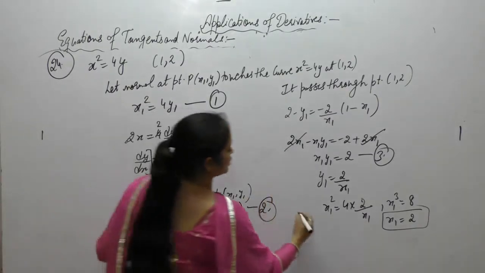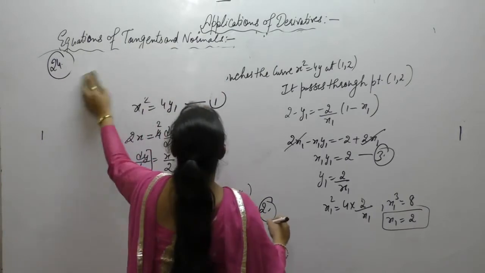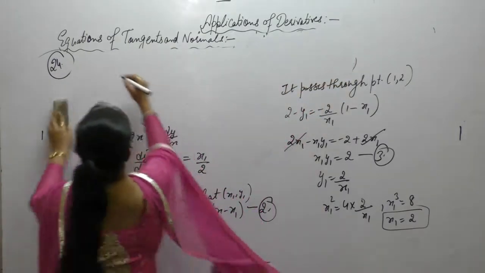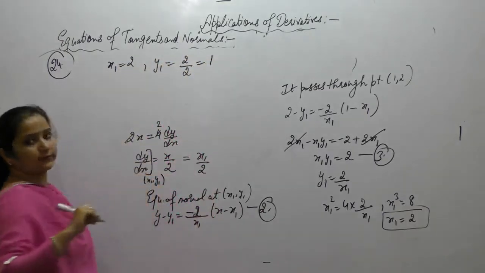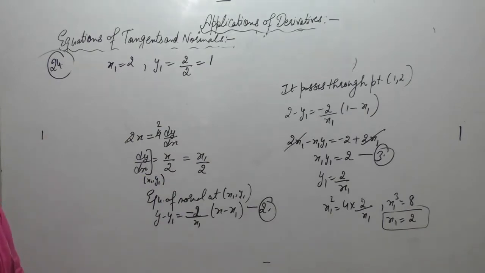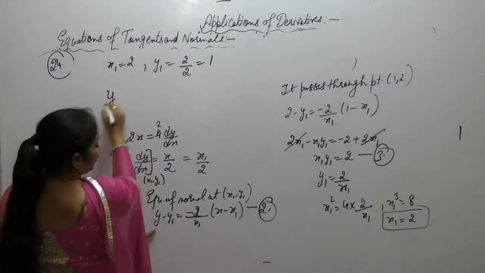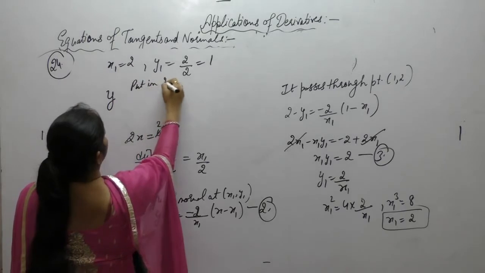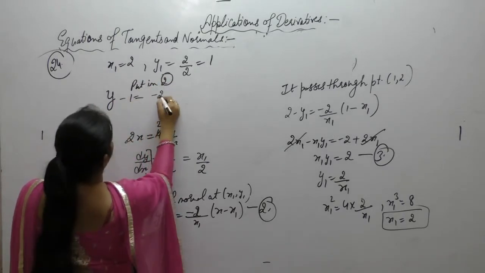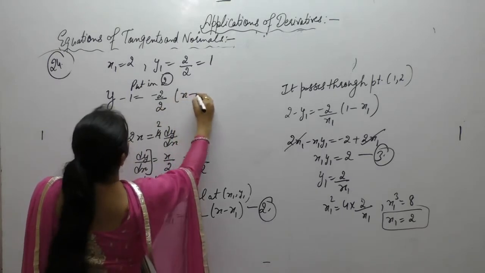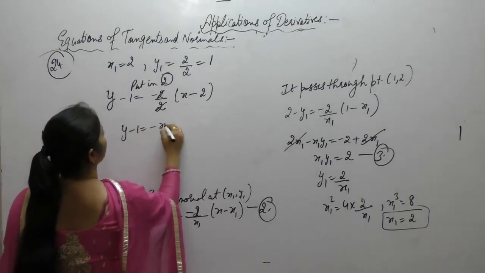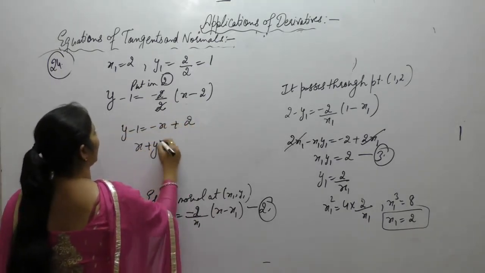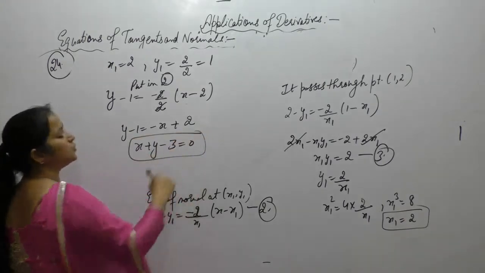When x1 is 2, y1 is 2 upon x1, which is 1. Now put the values of x1 and y1 in equation 2: y minus y1 equals minus 2 upon x1 times x minus x1. So what we get: y minus 1 equals minus x plus 2. So x plus y minus 3 equals 0.